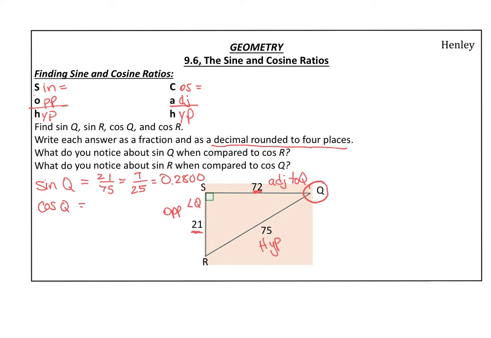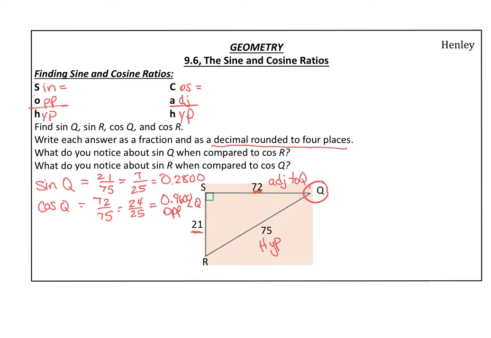So adjacent to Q is 72 over the hypotenuse, which is 75. If you choose to simplify that, divide by 3 and you get 24 over 25. Divide it in the calculator, and you're going to get 0.9600.